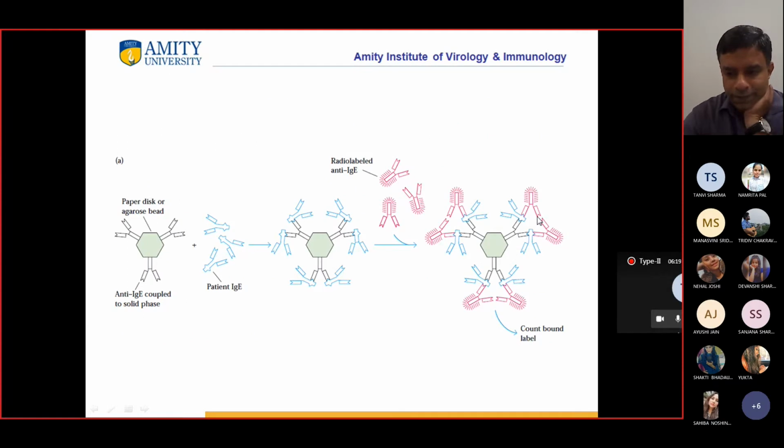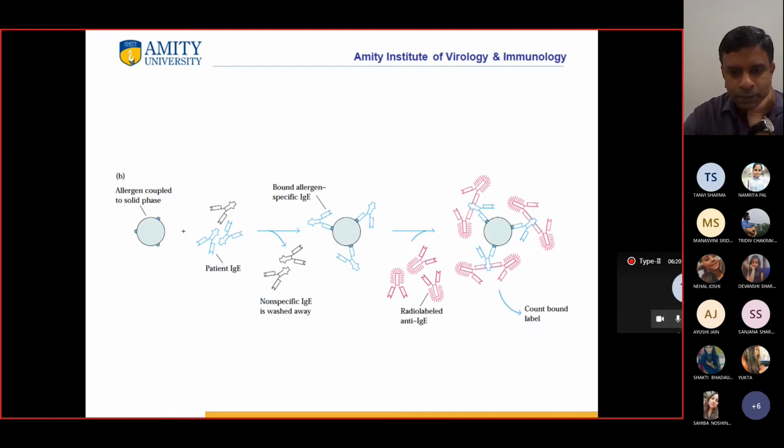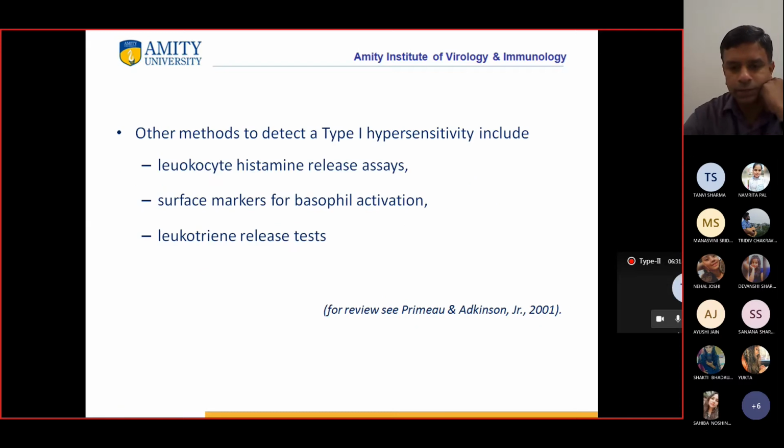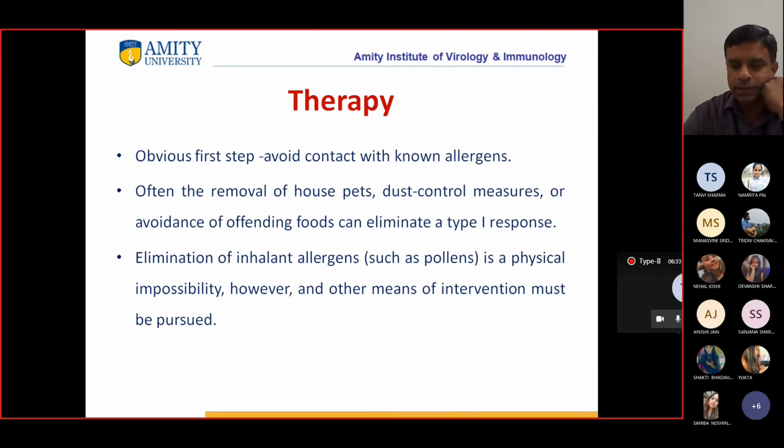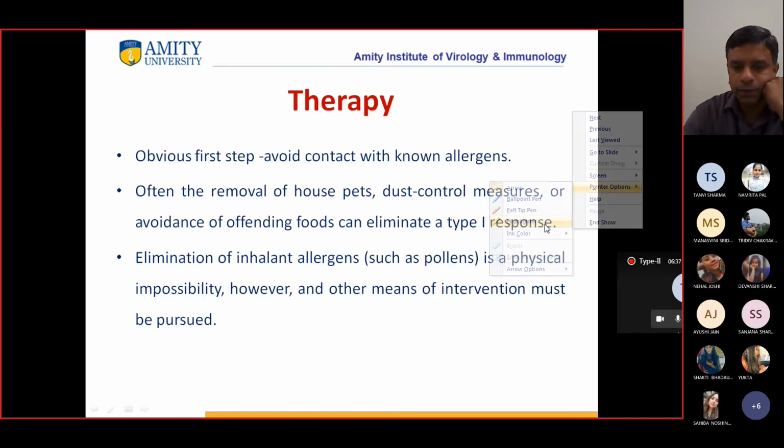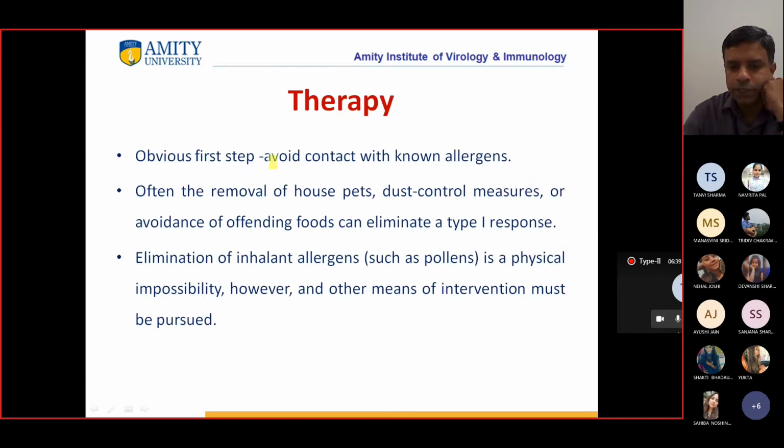So this we have already seen, RIST and RAST, and it's clear to you. Tanvi has very clearly told the difference between RIST and RAST. Now let's see the therapy, how to treat it. The obvious first step is to avoid contact with known allergens.